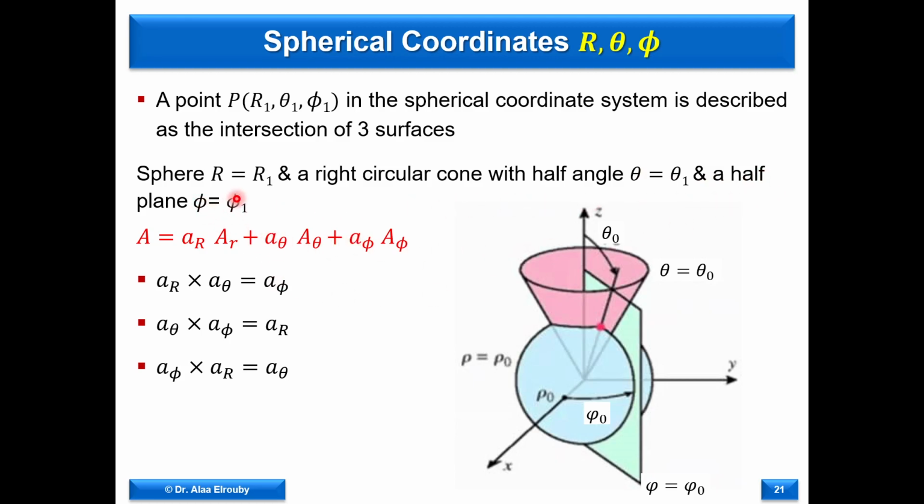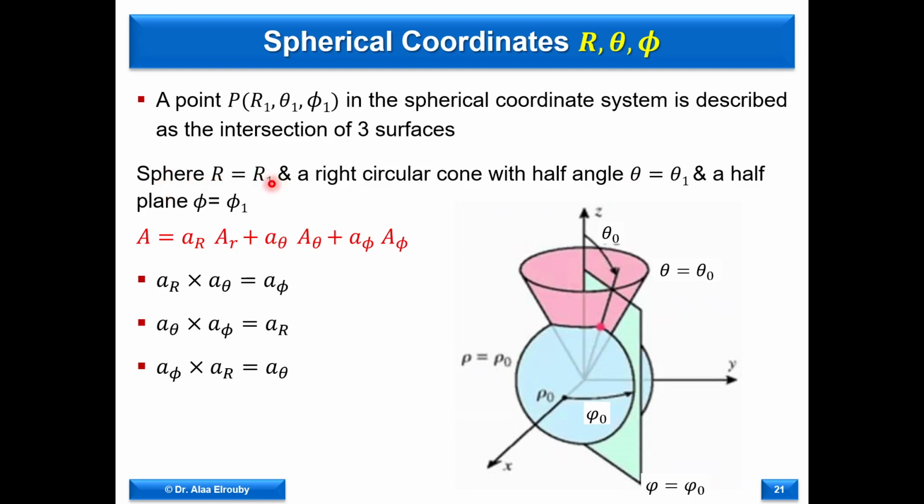Phi in the spherical coordinate system is the same coordinate phi as in the cylindrical coordinate system, but the meaning is different. Anyway, the intersection between these three surfaces is a point.